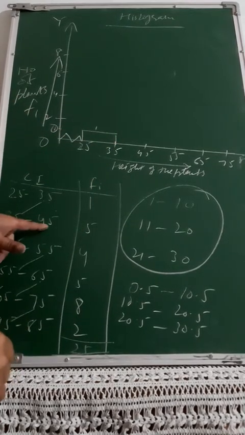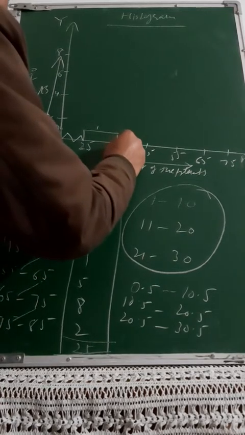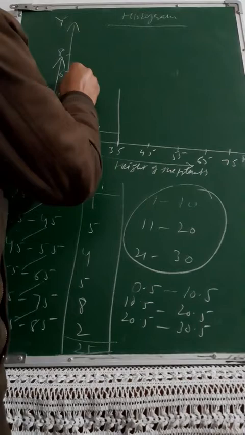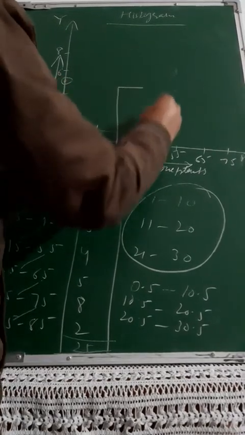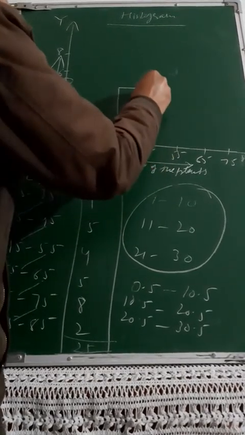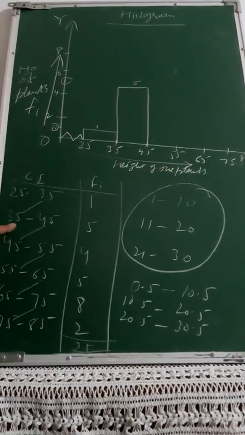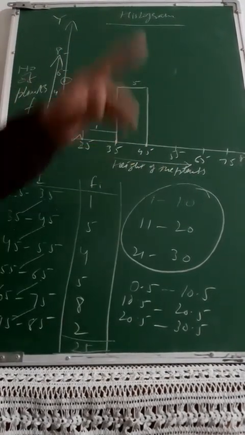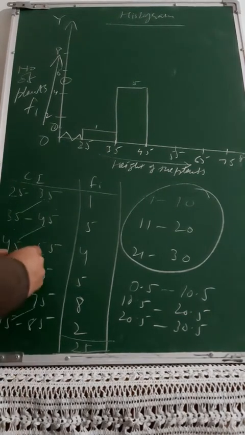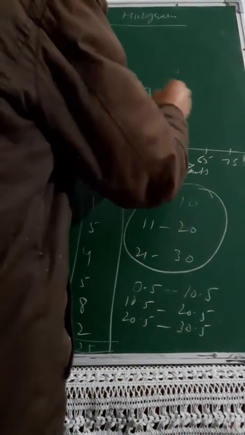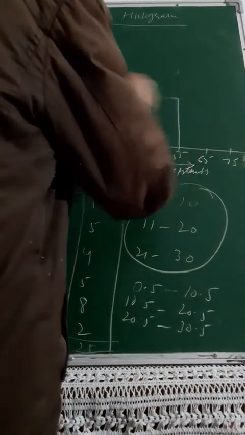Then it is the turn of 35. So at 35 now you have to move up to 5. So somewhere here you will be getting 5 and then block it up to 45, and remember this height you are getting is equal to number of plants of 5, that is between 35 and 45. Similarly 45 is up to 4, exactly up to 4 you have to start with 45 and block it at 55.